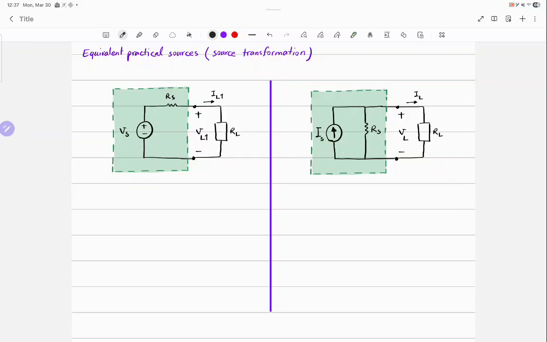Let me just call it VL1, IL1, and this one IL2, VL2. I think it makes more sense. I want to find a relationship to make VL1 and VL2 exactly equal. Let's write VL1 to the left side. What is VL1? How do you calculate it? The fastest possible way.